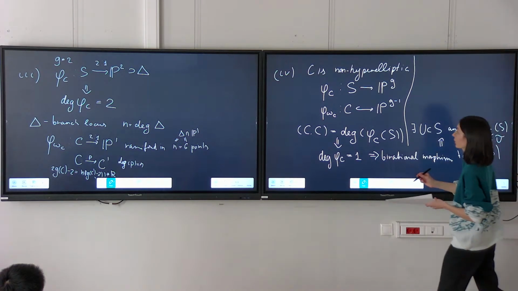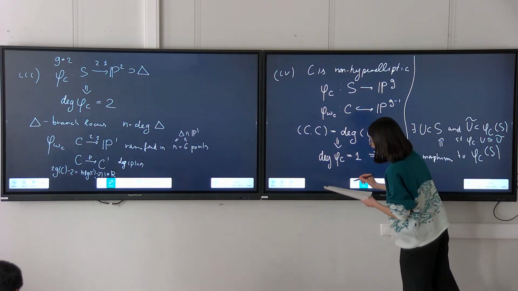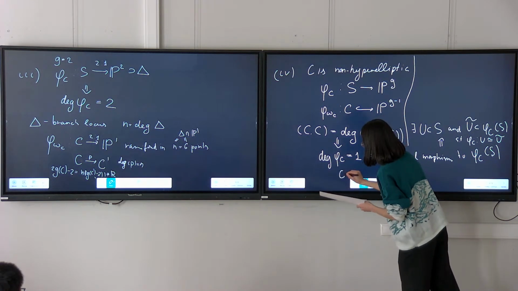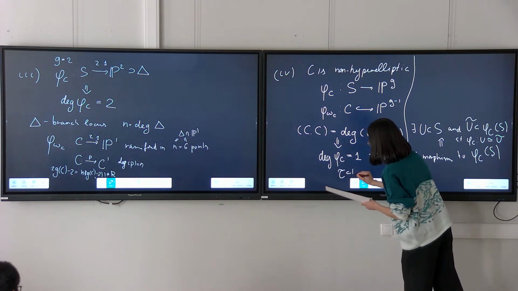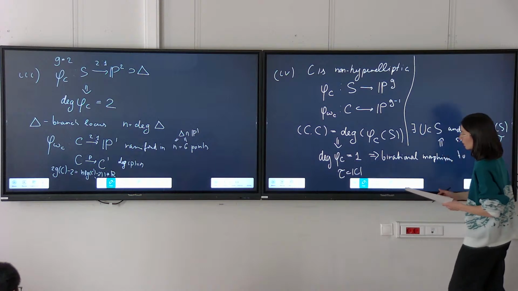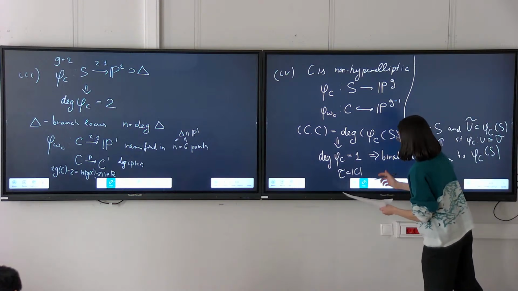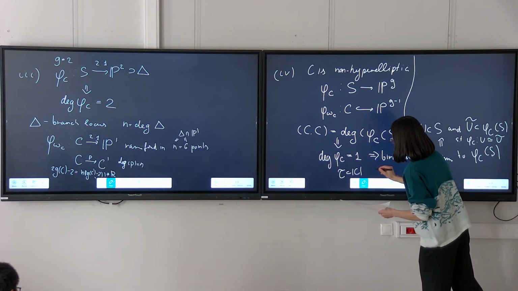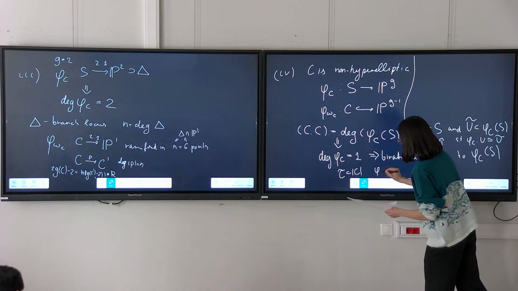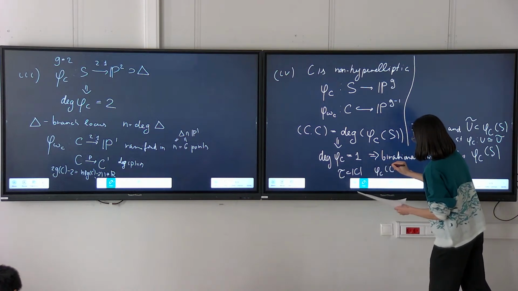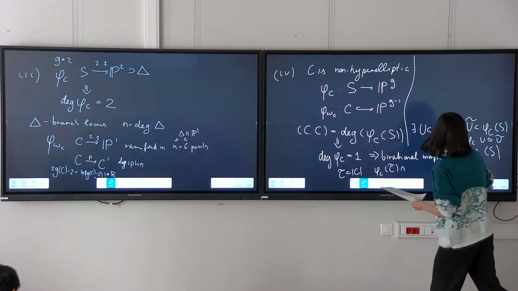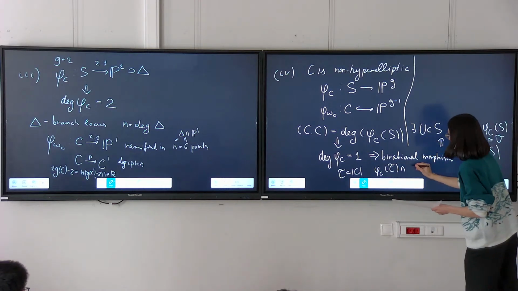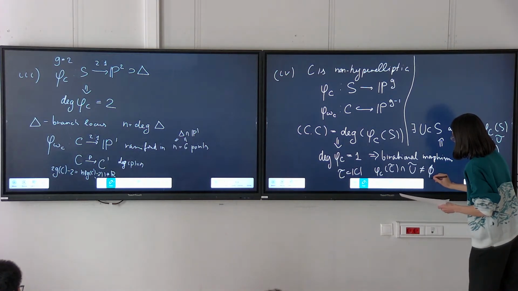And now suppose that we have a smooth integral curve in the linear system C. Then we see that its image intersects this open subset U in a non-empty way.